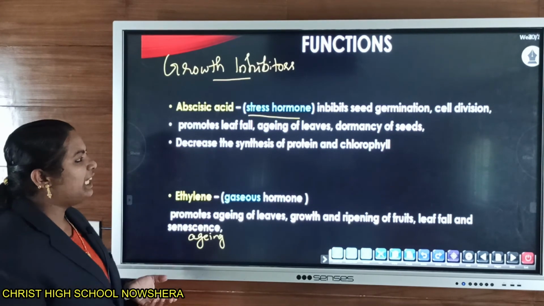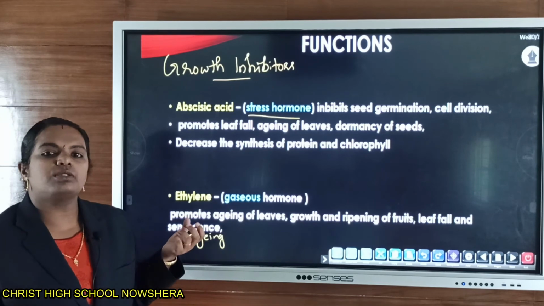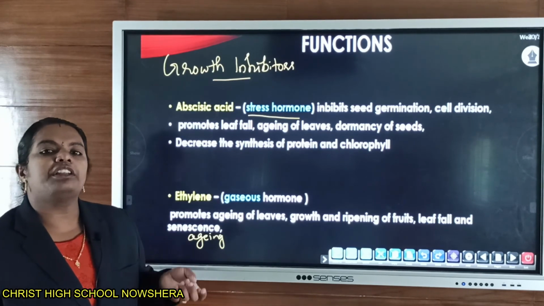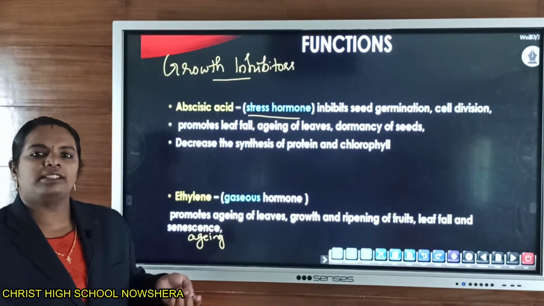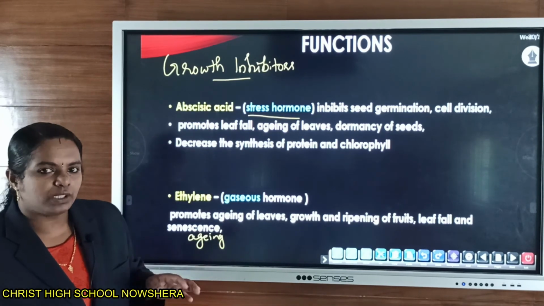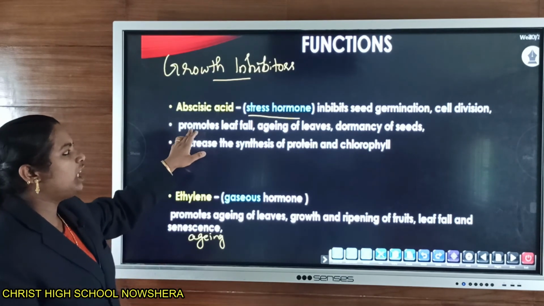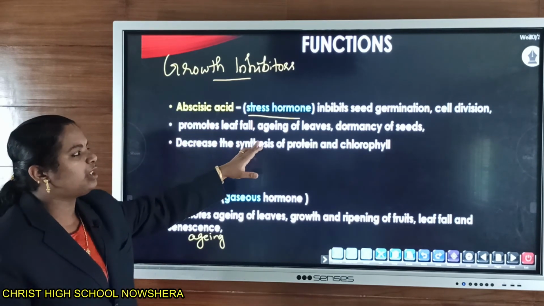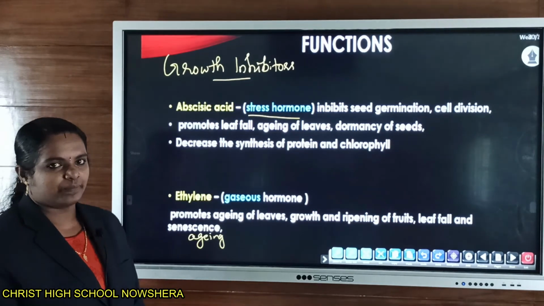Then it promotes aging of leaves, and dormancy of seed, so the seed will remain in a dormant condition. That means it does not promote germination.